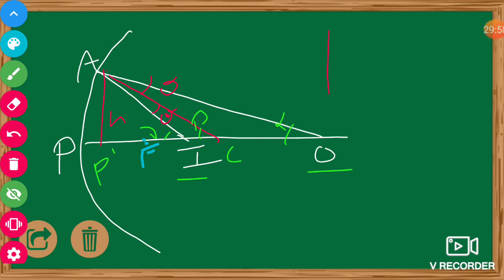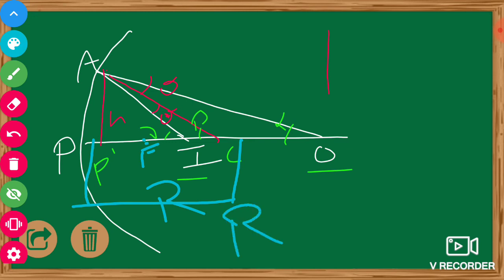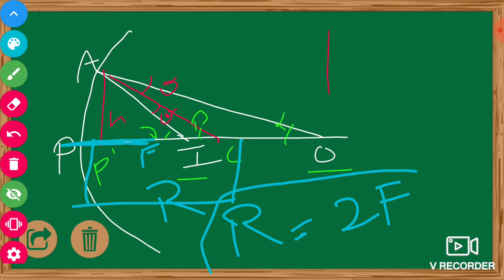Already we found from the figure that this is the focal point, and PC is the radius of curvature. We said this radius of curvature is always equal to double the focal distance. So from this diagram and from the principles we found that the radius is equal to double the focal distance, r equal to 2f.